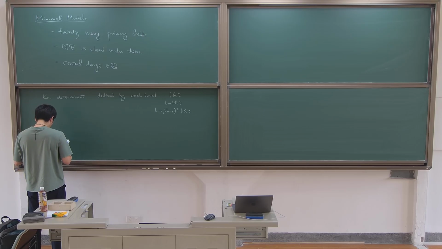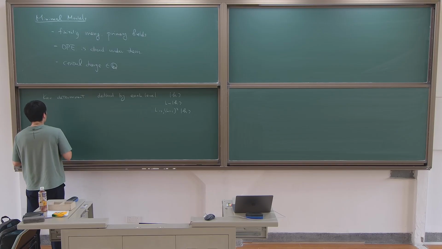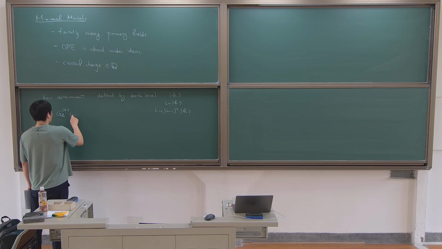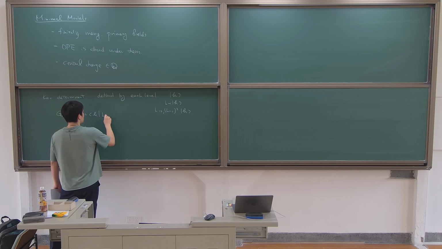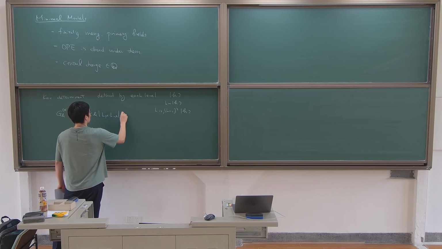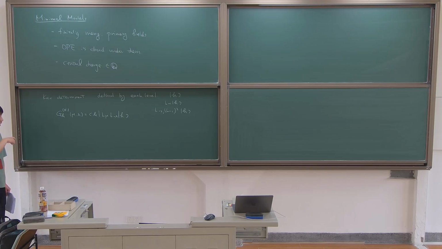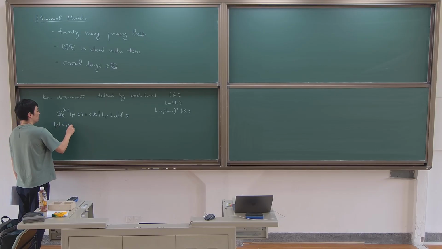What kind of expression did I use for the Kac determinant? So G_{N,λ}, like this. Where the number of boxes of λ is equal to n.